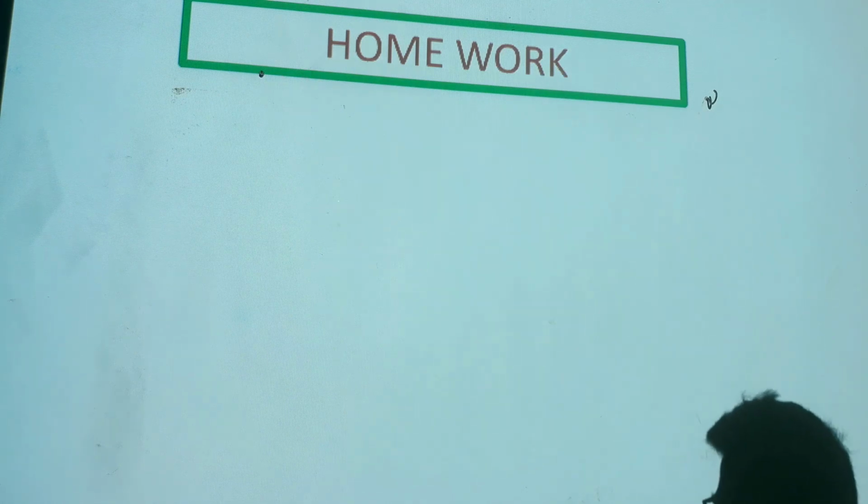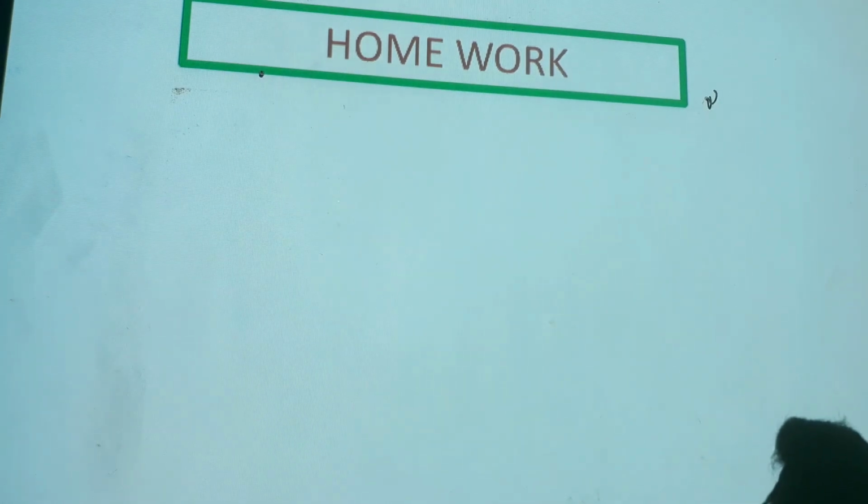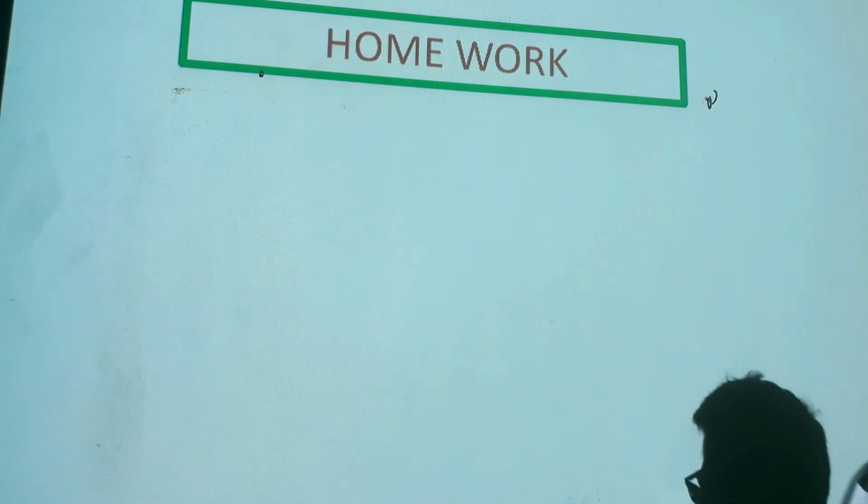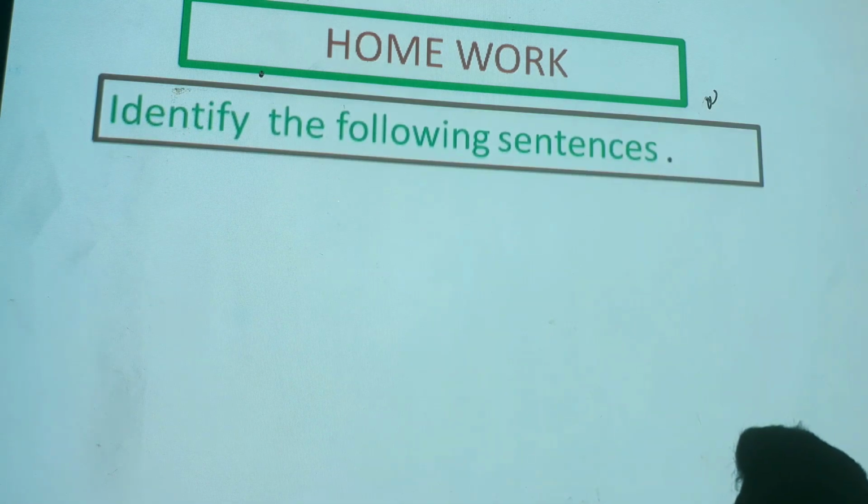Now homework. My dear students, now I am giving you some homeworks. You will study or you will practice at home. Okay, my dear students, next identify the following sentences.